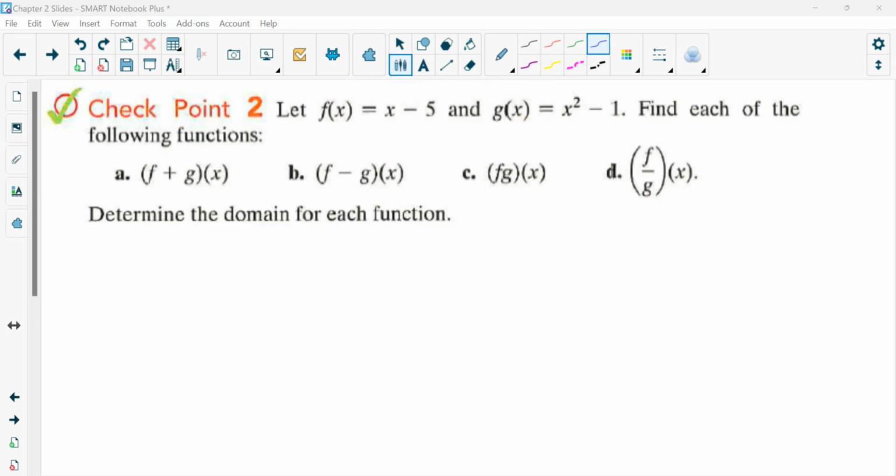All right, so here's our first checkpoint. You want to write down the original two functions. So our first function is f of x equals x minus 5. The g of x is equal to x squared minus 1. And we're going to do all those operations with those two functions.